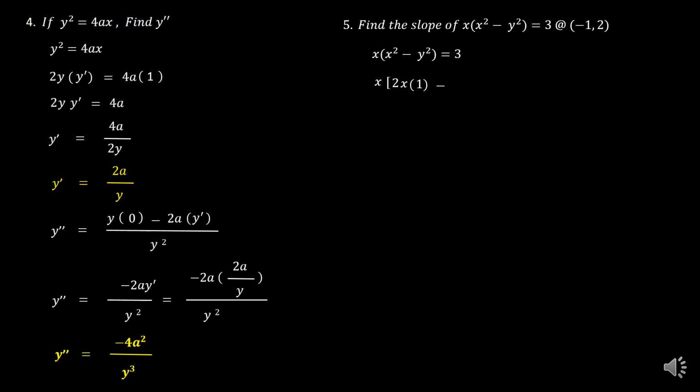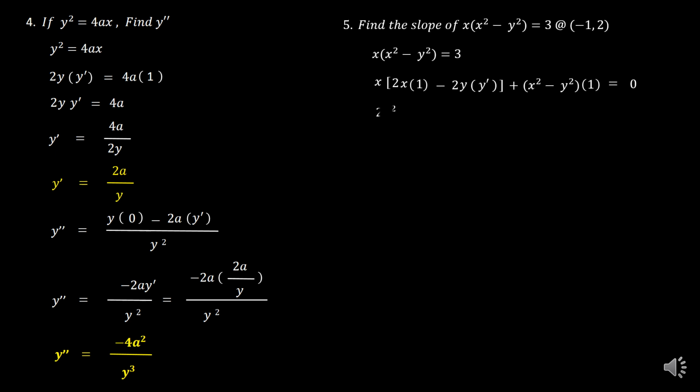Minus the derivative of y squared: copy the exponent 2, copy the base y, and subtract 1 from the exponent, and the derivative of the base y is y', plus copy the second factor, which is x squared minus y squared, multiplied by the derivative of the first factor x, and the derivative of x is 1, equals the derivative of 3, which is 0.